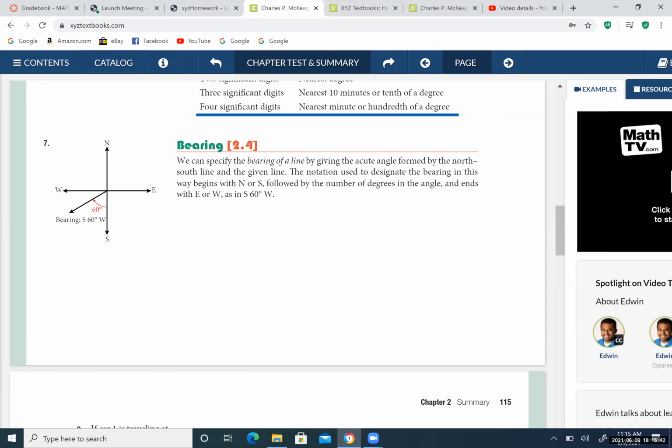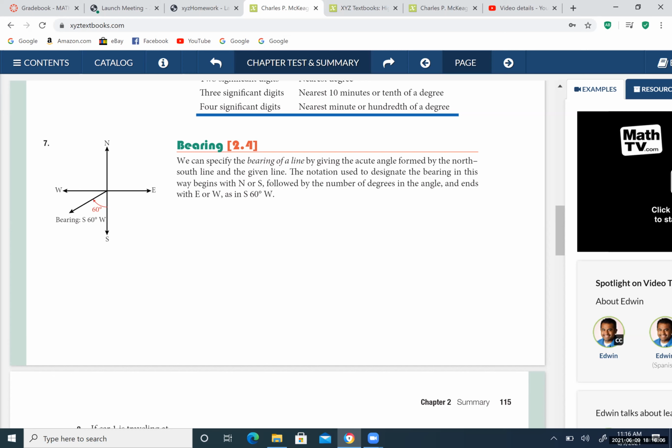You have to find the line that is north-south and the given line. The notation used to designate the bearing in this way begins with north or south, followed by the number of degrees, and ends with east or west, as in south 60 degrees west.